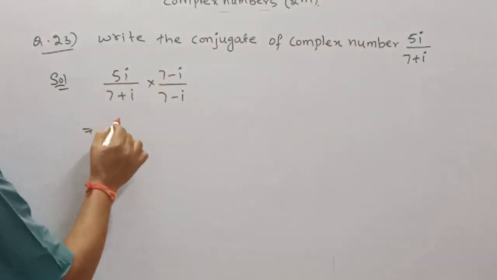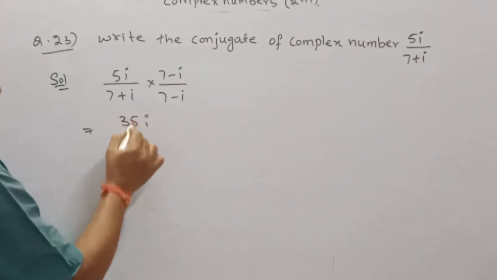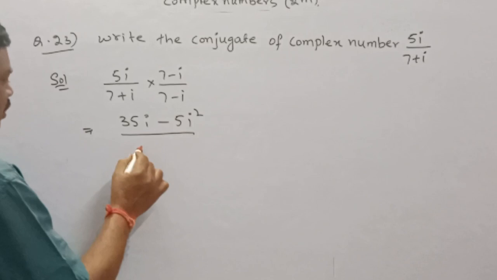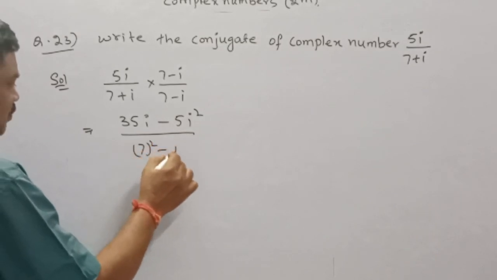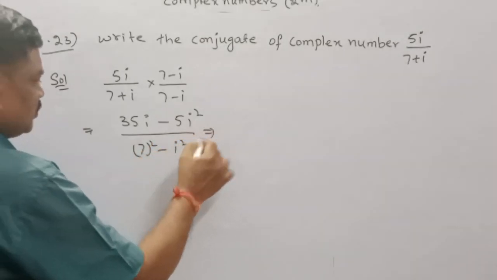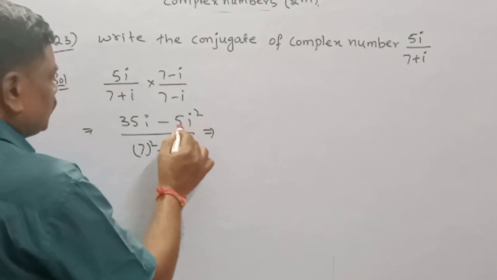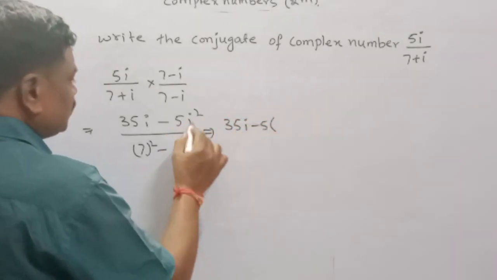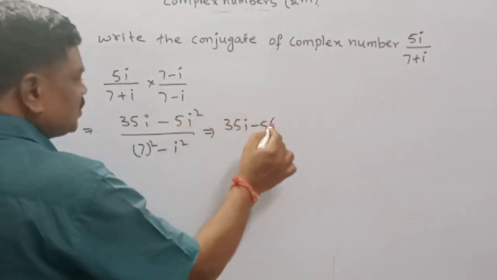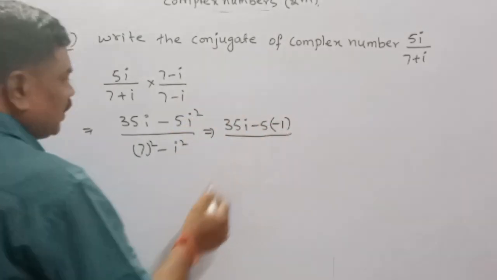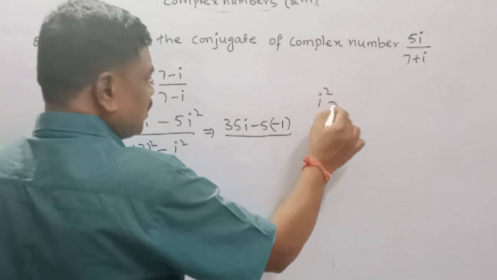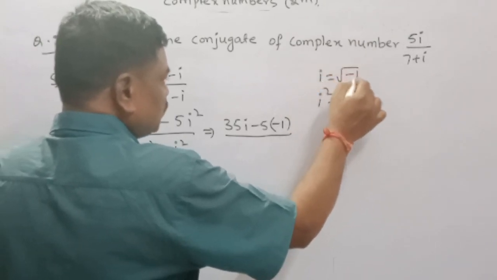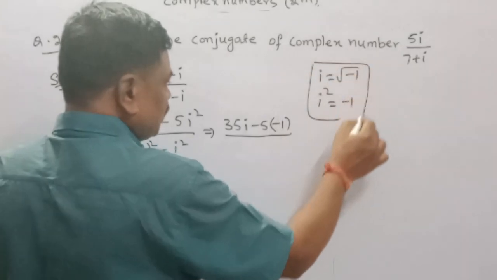5i into 7 is 35i minus 5i², over the denominator 7² minus i². This is 35i minus 5 into i², where i² is equal to -1, because i is equal to √-1.